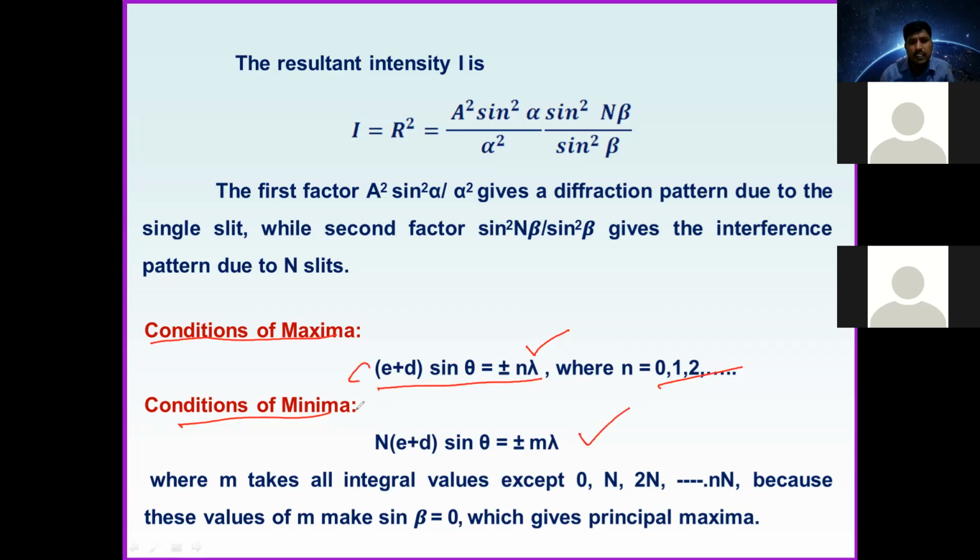So keep in mind these two are different than the double slit. Here in the maximum case you don't have the N. In the minimum case you have the N, where m takes all integral values except 0. The m values here are m equal to 0, N, 2N, etc.